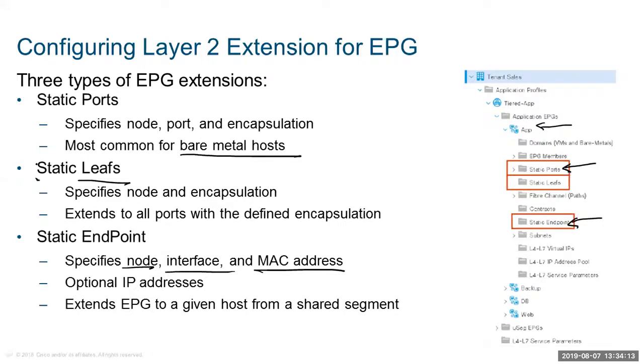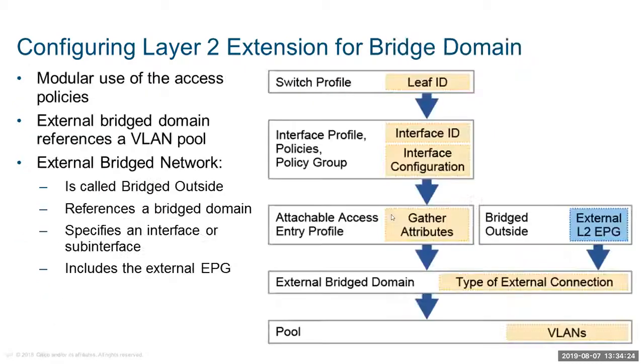I want all ports on this node with a certain encapsulation to belong to the EPG, a specific port. That's how you extend an EPG to a static port or to a whole leaf node or to a specific server MAC address, creating a layer 2 bridge domain, which will eventually lead to creating a new contract also.